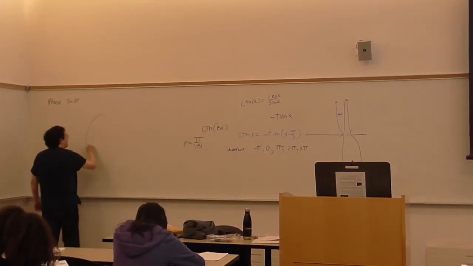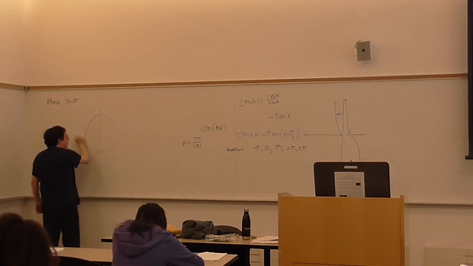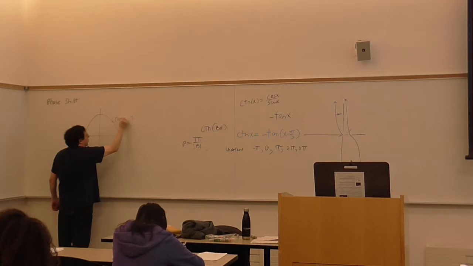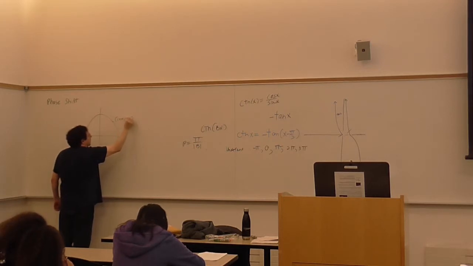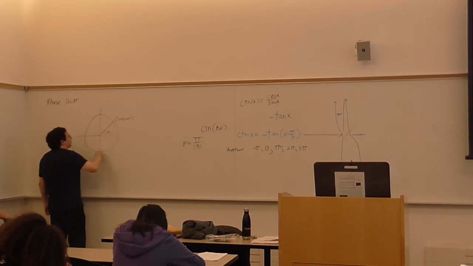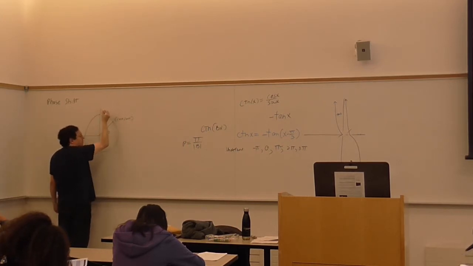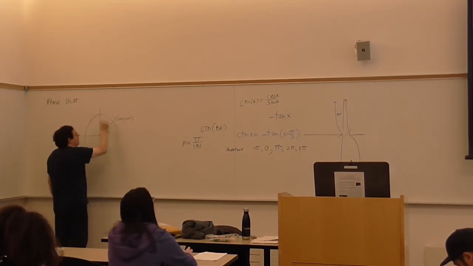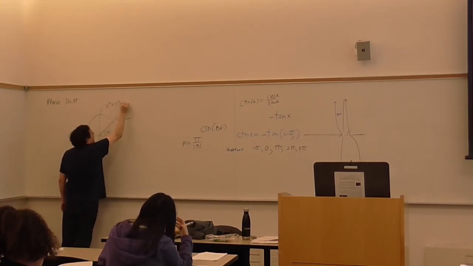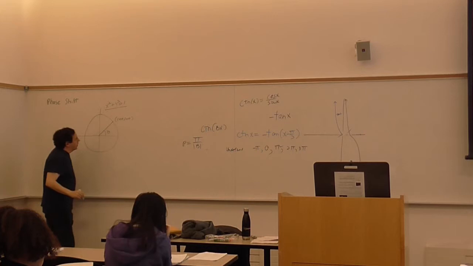Sine and cosine are just the coordinates, right? Cosine theta, sine theta. They're just the coordinates on this circle, which is a circle of radius 1. So this is the equation of that.